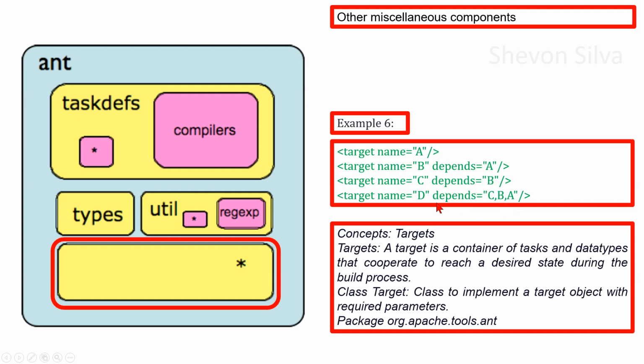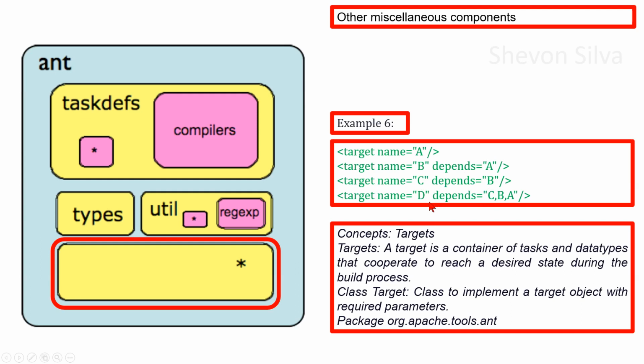Wrong. It's wrong. C depends on B, and B depends on A. So first A is executed, then B, then C, then D.